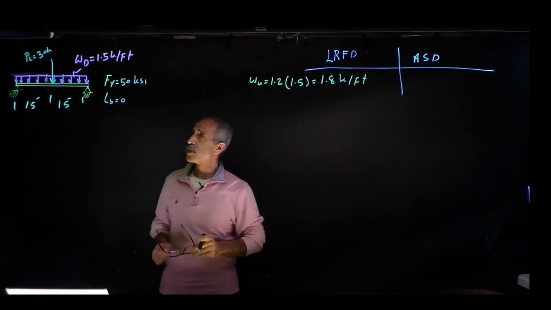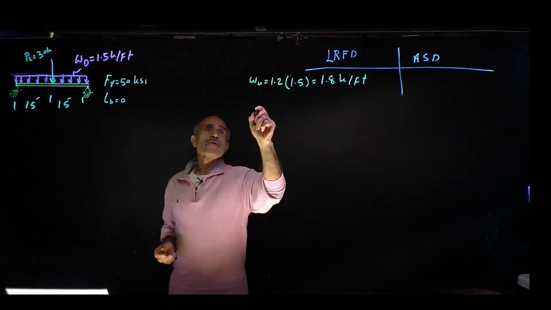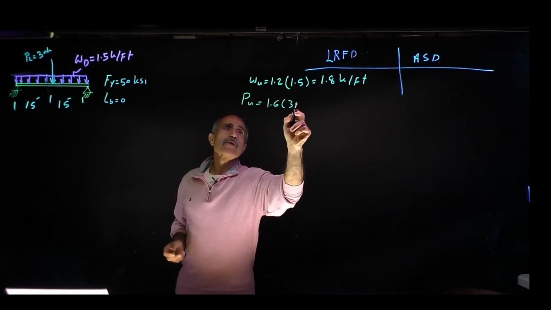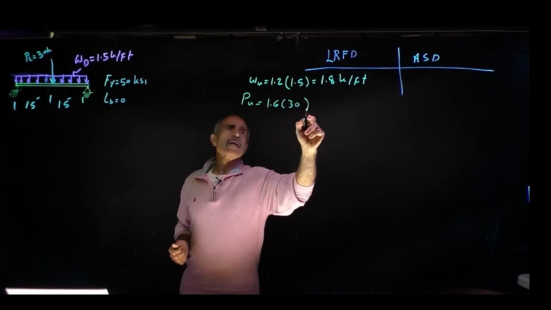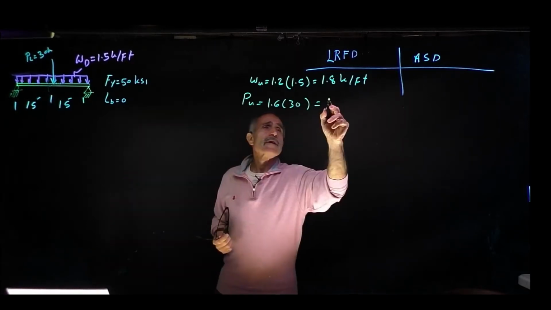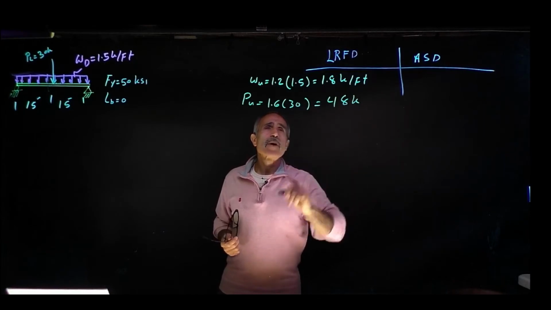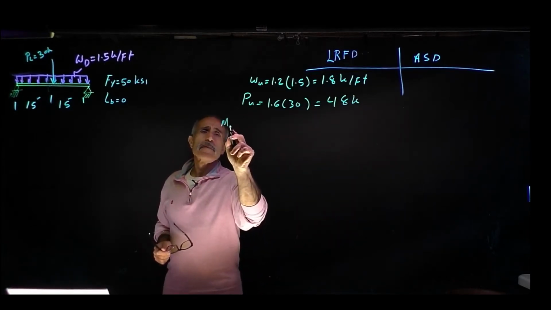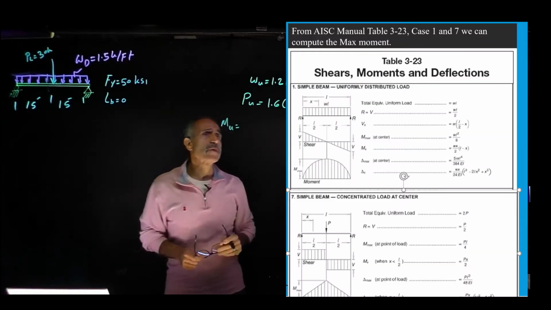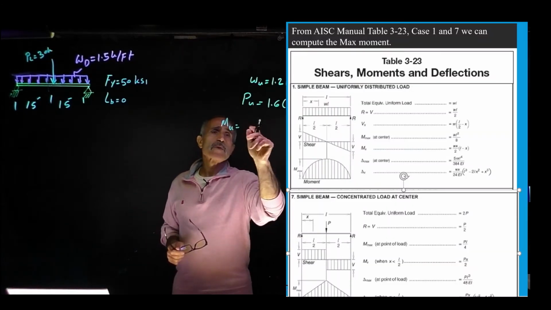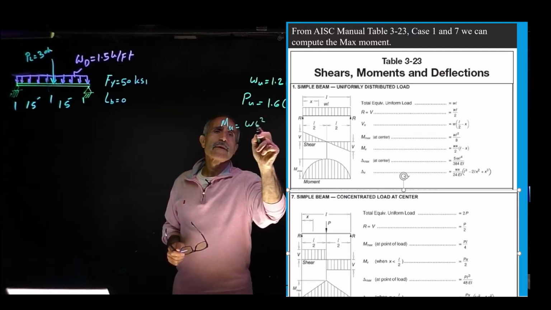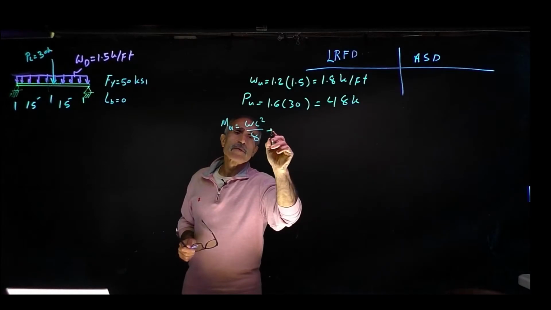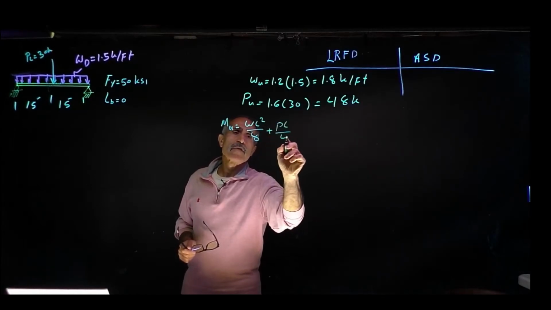And for live load, we're going to have Pu equal to 1.6 times 30, and that comes out to 48 kip. Now I'm going to calculate my moment, Mu. Based on the beam formula, you've got to be careful. We're going to have wL squared divided by 8 for the uniformly distributed load, and for the concentrated load, it's going to be PL divided by 4.